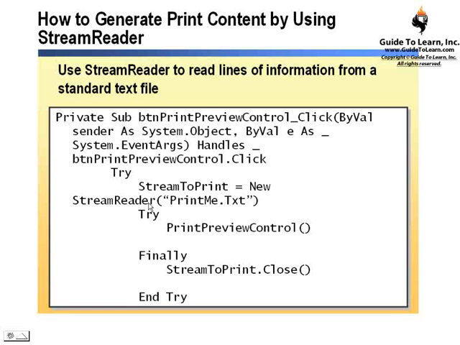What the StreamReader does is open this specific file, printme.txt. And then you show the print preview control, and this could be a procedure that starts reading that file, putting it into a document, and giving it to the print preview document itself and starting to work with it.